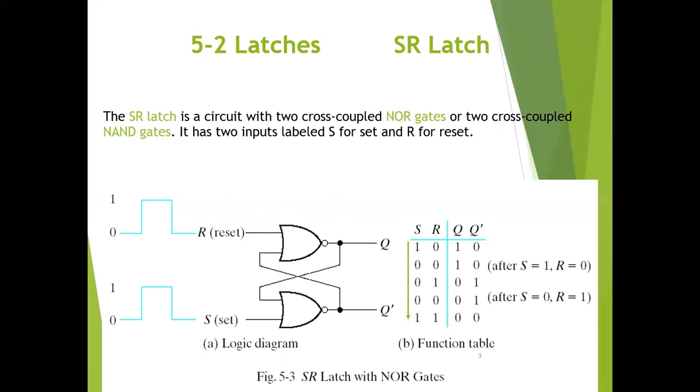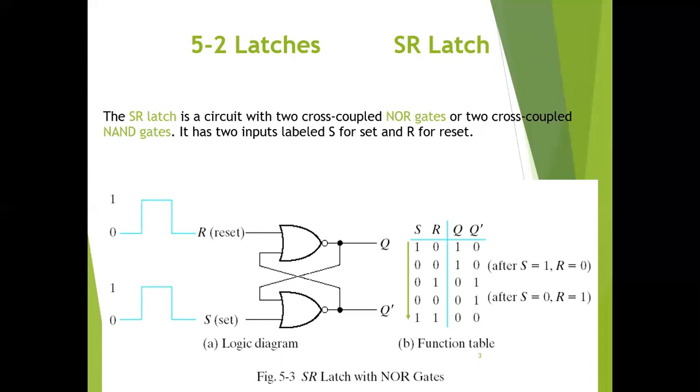When output Q is 1, we can see in this truth table, the output Q complement is 0. The latch is said to be in the set state.